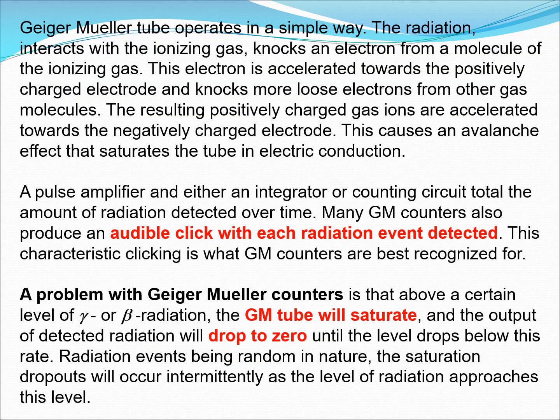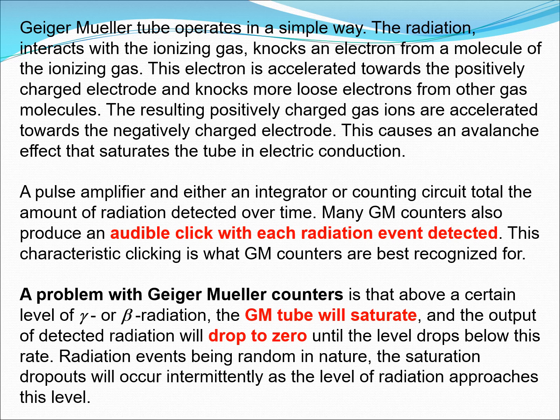So this is an extension of how the GM counter operates. I hope you will read through this slide, but I wish to share with you the last paragraph. The problem with GM counters is that above a certain level of gamma or beta radiation, it leads to what is known as the desaturation of the GM tube, meaning the radiation detection will drop to zero even though there is radioactivity.